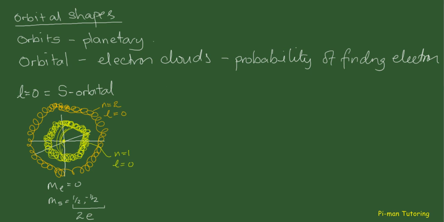Now if L is equal to 1, we call this a p orbital. And rather than being spherical in shape, these are like dumbbells. So we can sketch them in this kind of fashion.